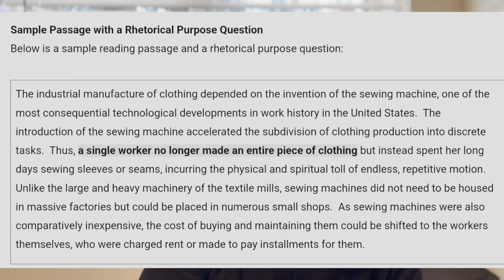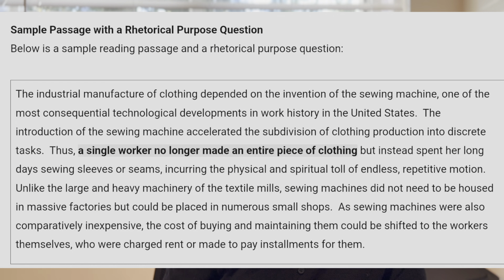Let's get into the example. Mostly this information is bolded to make it easier for you. This passage is about industrialization, how the manufacturing of clothing depended on sewing machines and technological developments in the United States, and the introduction of sewing machines accelerated the subdivision of clothing production.